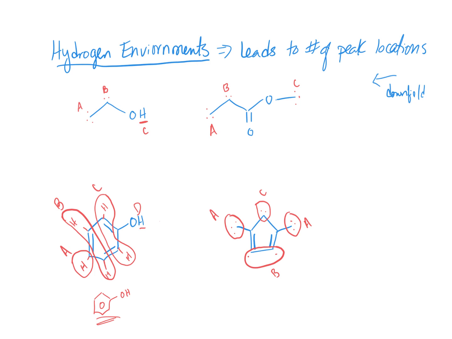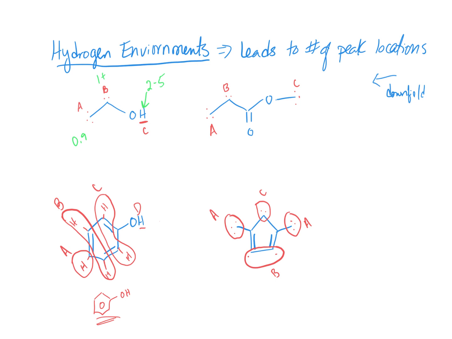Okay, so for example, the hydrogen from the OH in this first problem might be located in the 2 to 5 region. Most CH3s are in the 0.9 range, and the CH2s are in the 1+ range.